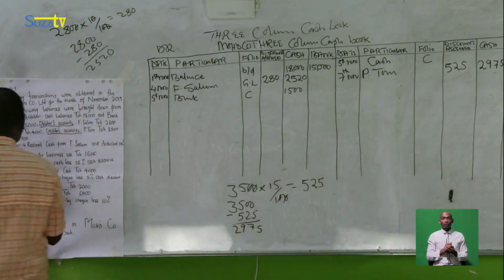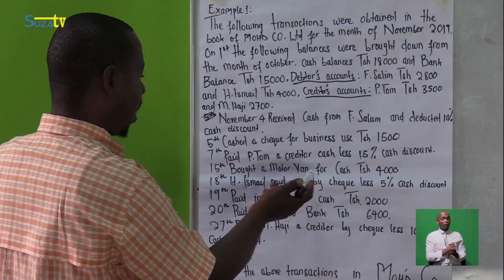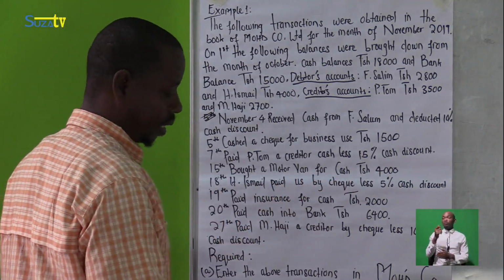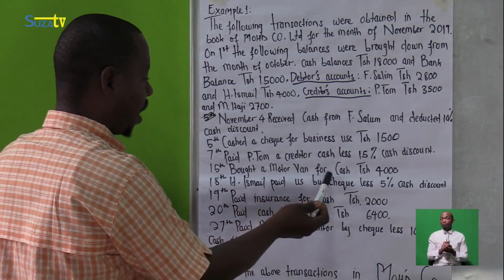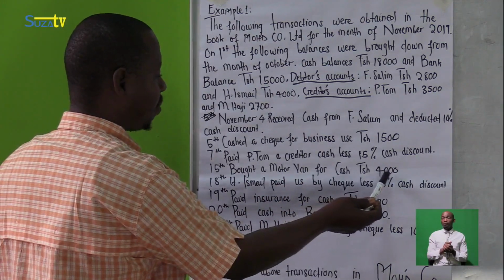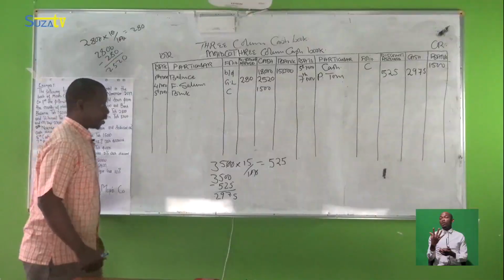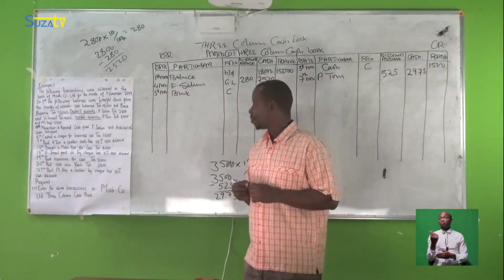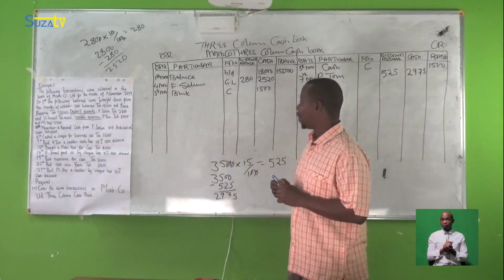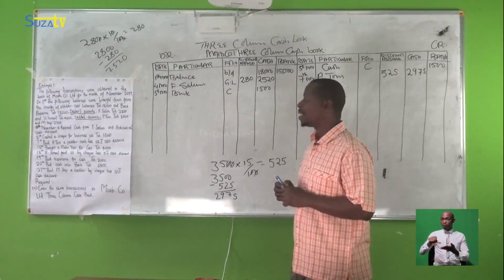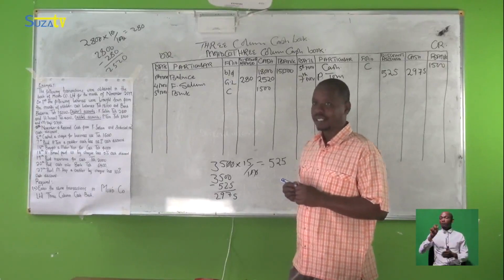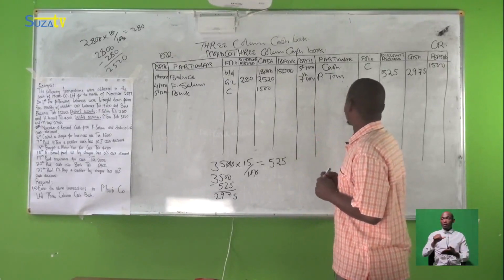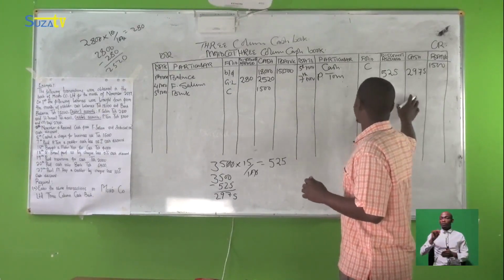At the 15th, bought a motor van for cash, Tanzania shillings 4,000. Now the business has money and is able to purchase a motor van. The business will pay for the motor van. The side of payment is known as the credit side.